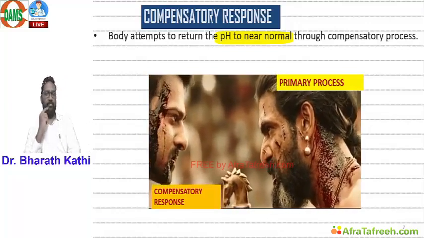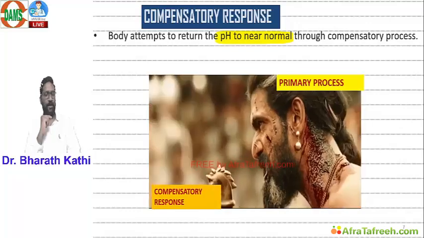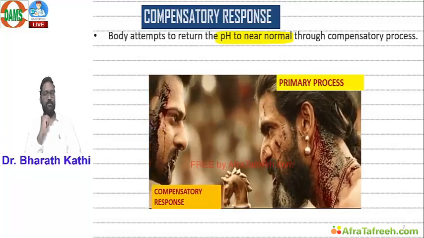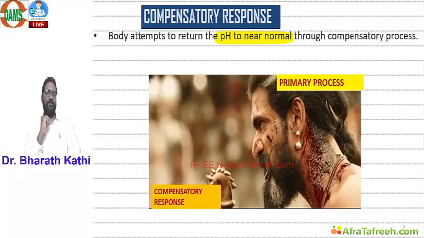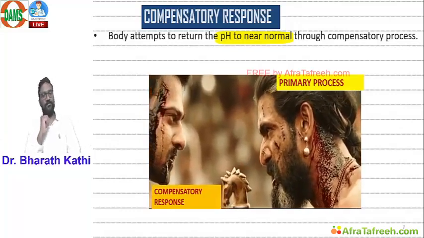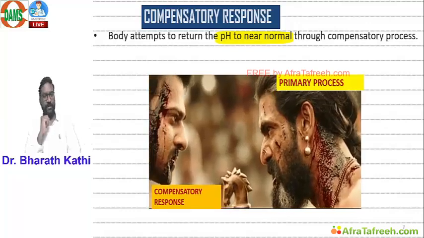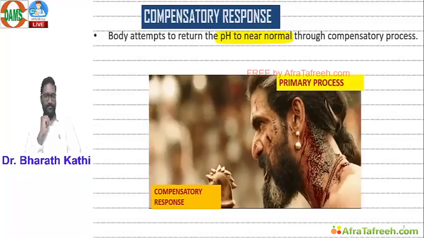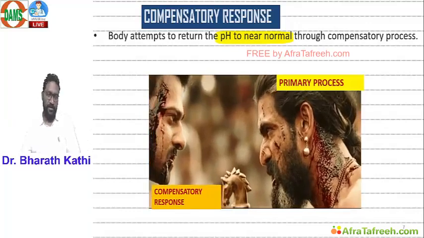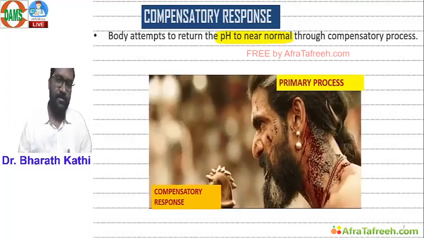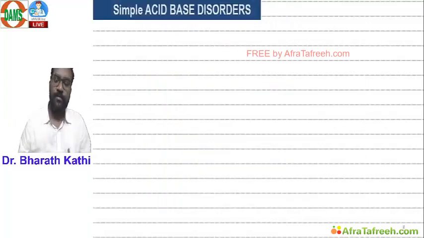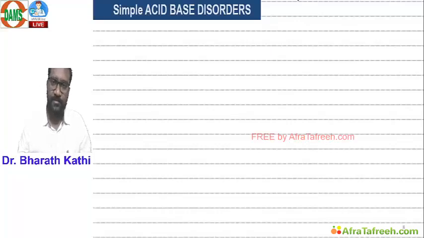Presence of a primary process with adequate compensatory response is called as simple acid-base disorder. When there is a primary process and also there is adequate compensatory response, it is called as a simple acid-base disorder. Write down what is meant by simple acid-base disorder.